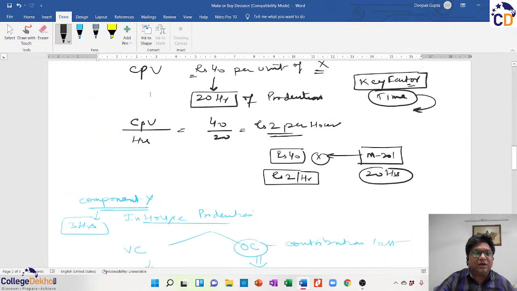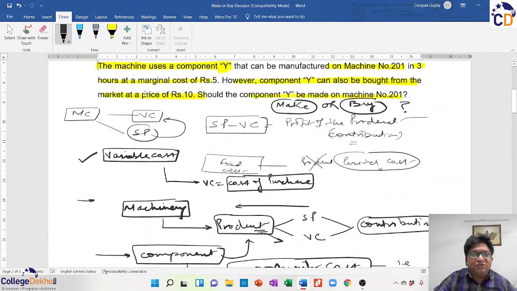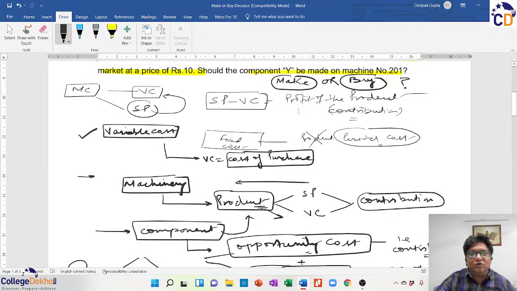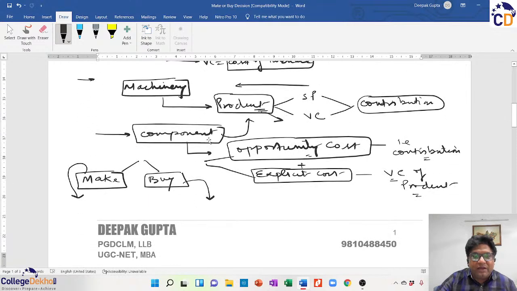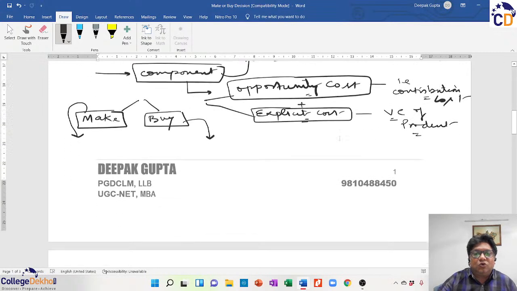We have discussed it earlier in the first sheet: if you buy, the cost of purchase is the only cost to be paid. But if you make it, then there will be the opportunity cost, that is the contribution lost, and the explicit cost that you are expressly incurring to create the product.